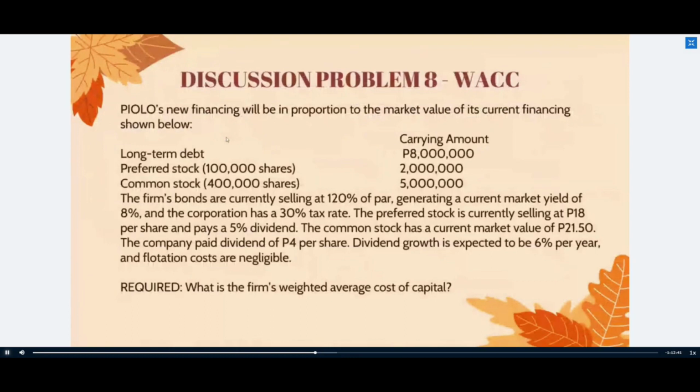Sige, itodo na natin, no? Since natapos na natin i-cover lahat ng cost of capital. So remember, long-term debt, we have the preferred stock and common stock. Ngayon, pag-usapan natin, what if masyado talagang malaking project, no? So, imagine mo yung project na na-kill kanina, 'di ba? So, yung sa Dubai, so man-made islands, no?